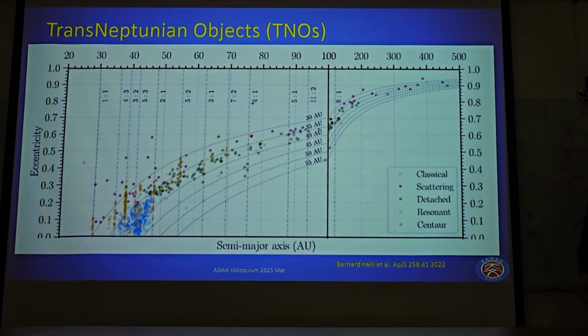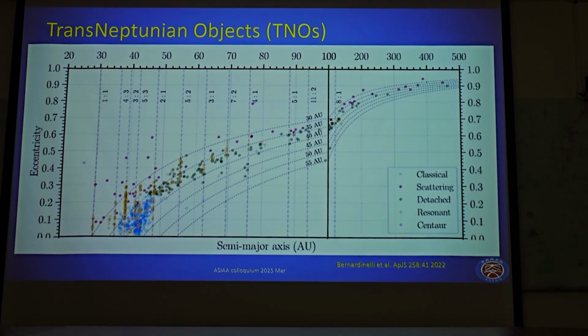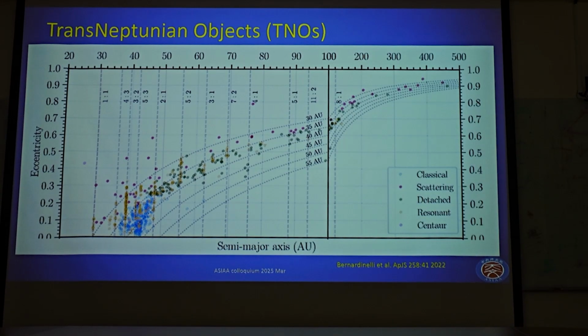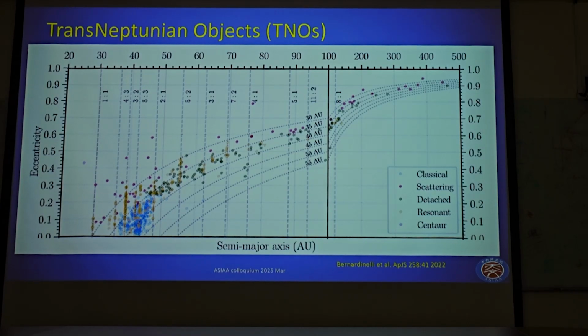Here is what we call the classical TNOs, which has almost circular orbits. The eccentricity is very small, and also the inclination is very small, meaning they orbit mostly on the ecliptic plane.